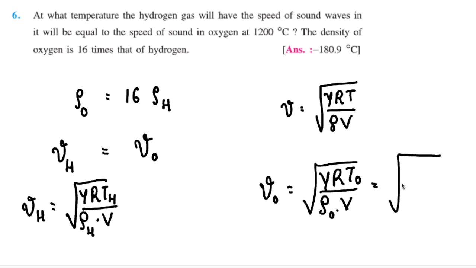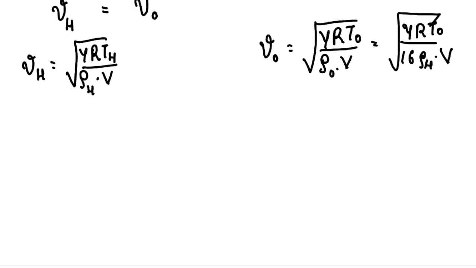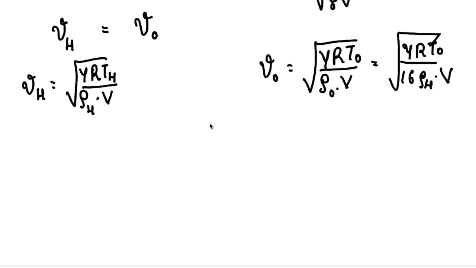But it is already given that the density of oxygen is 16 times the density of hydrogen. Substituting this condition, I'll be getting 16 rho H into V. Now comparing VH and VO as given in the question, velocity of hydrogen should be equal to velocity in oxygen.